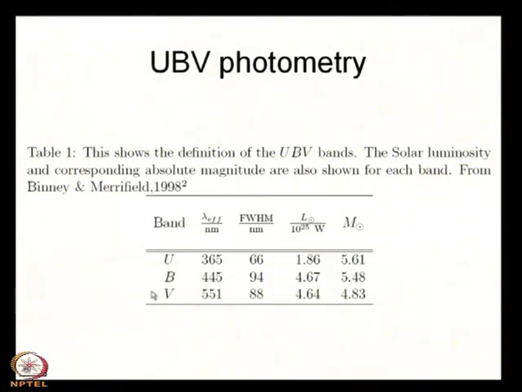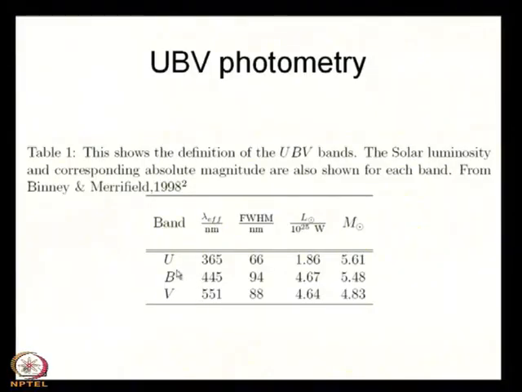So there are three filters, one corresponding to U, one corresponding to B, one corresponding to V. So when you do any optical observation, if you are using this UBV photometry scheme, when you look at an astronomical source, you measure the flux of light through each of these three filters separately, and you convert them into the apparent magnitude.